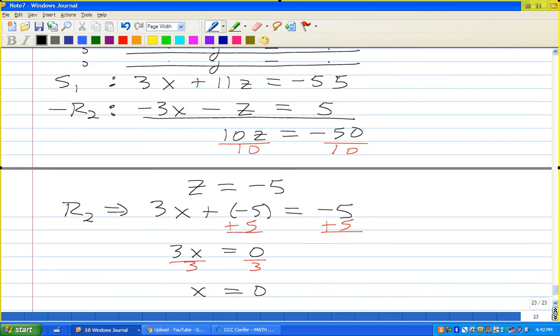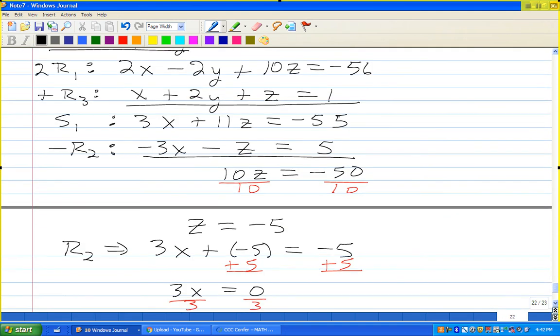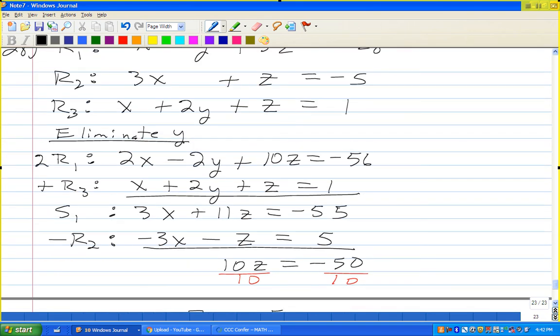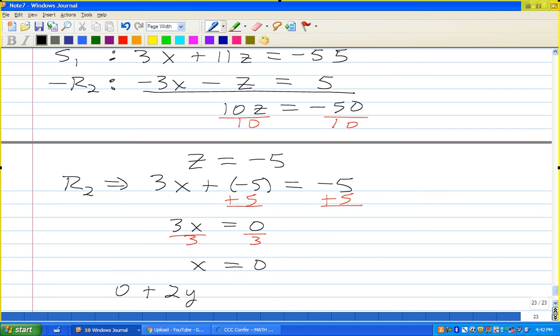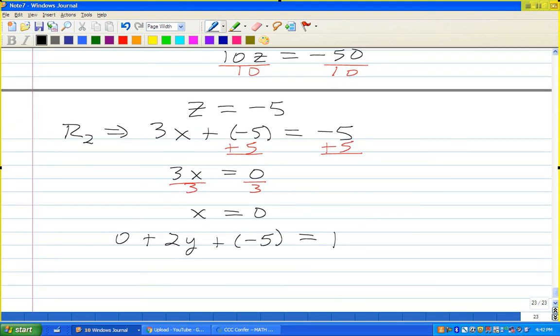And lastly, let's figure out y. I guess I'll do equation 3, x plus 2y plus z equals 1. Okay. So x plus 2y plus z equals 1.